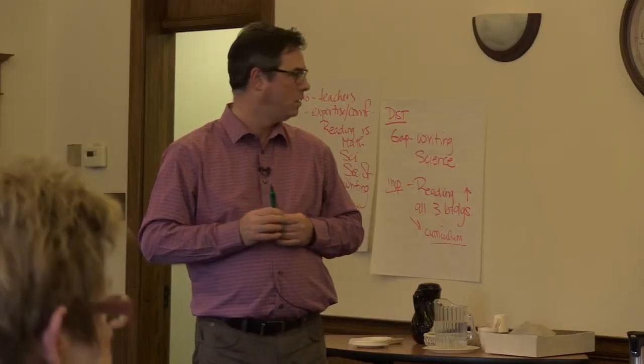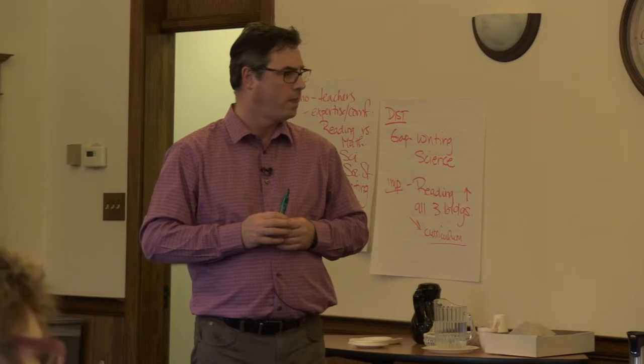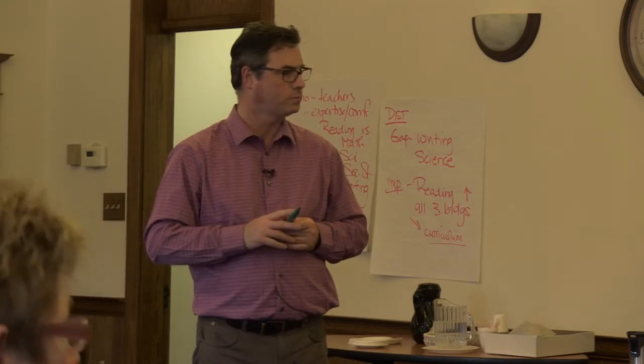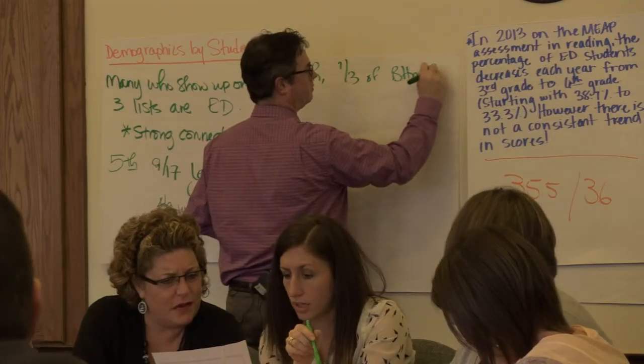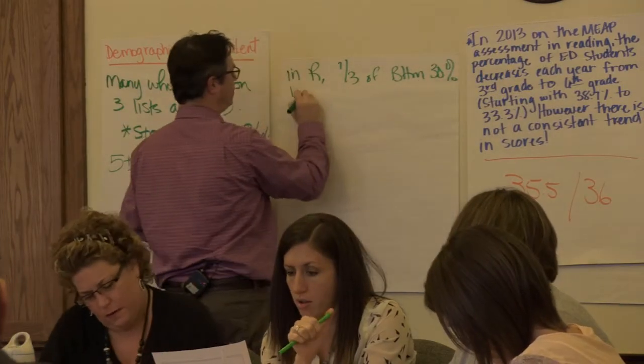What else are we discovering when we look at these lists? It seems to be, in reading anyway, I don't know about the others, that about a third of the kids were proficient. In reading, a third of the bottom 30% were proficient.